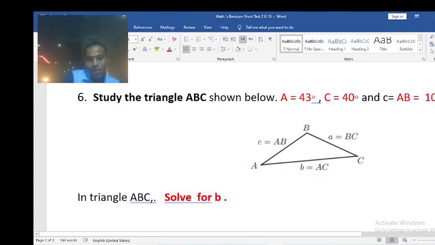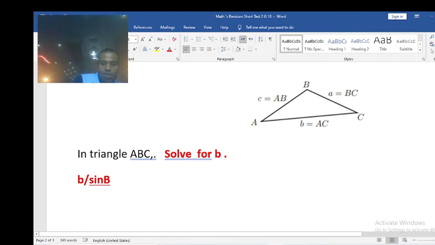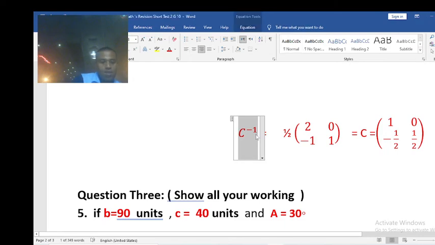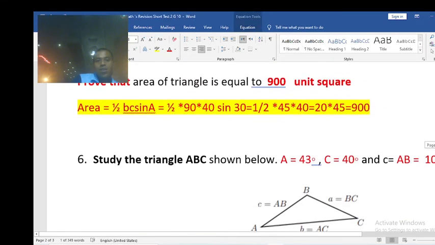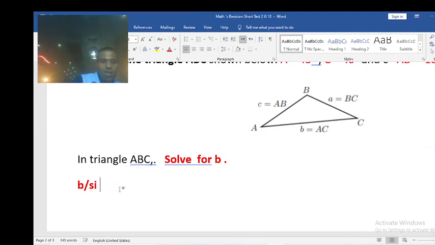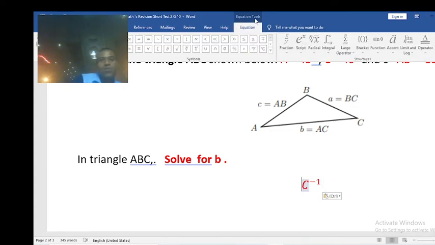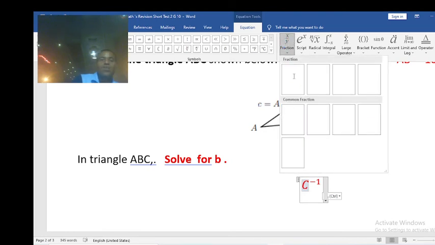Here, my learners, I will use the sine rule ratio to find the length of B. I will make B divided by sine of capital B. I will use equations: copy, then instead of writing c minus 1, I will use equation tools, then use a fraction symbol, which is numerator over denominator.